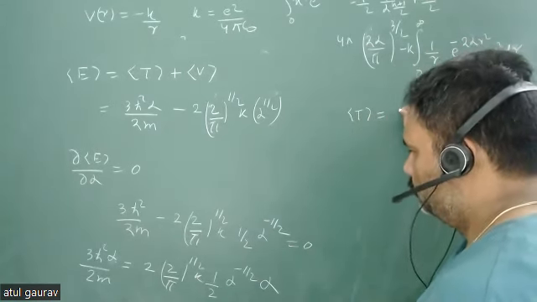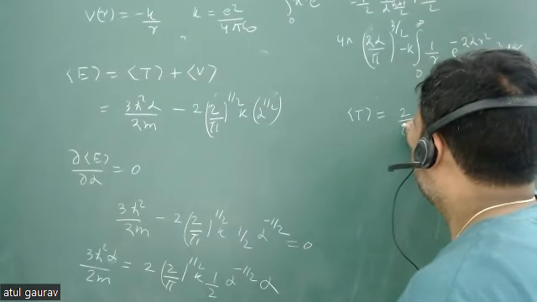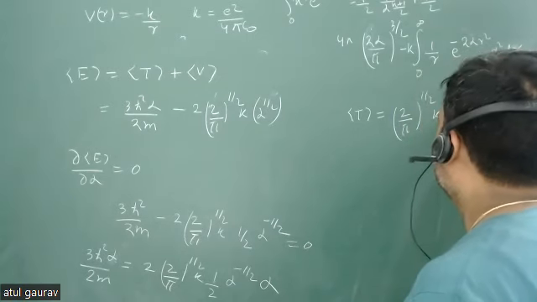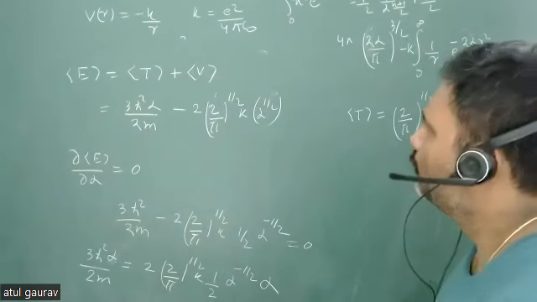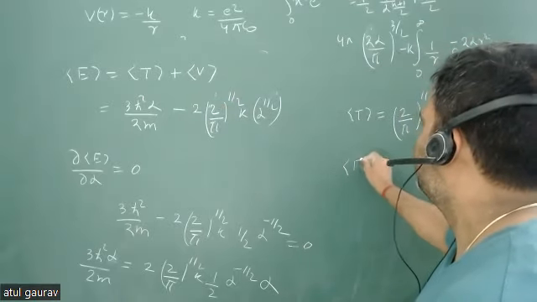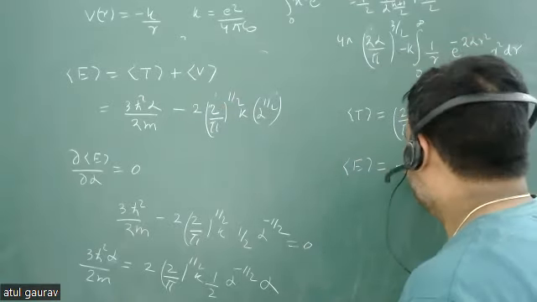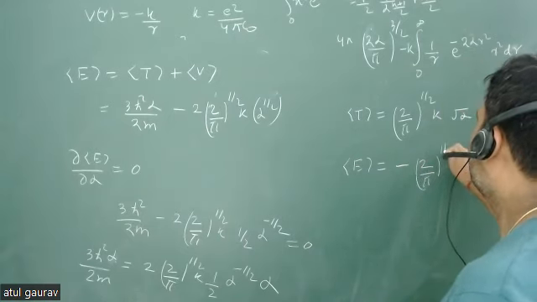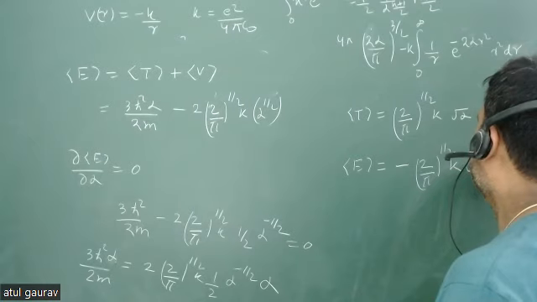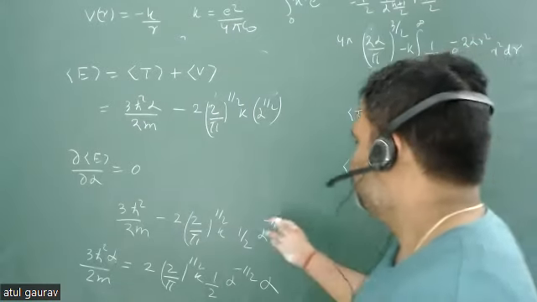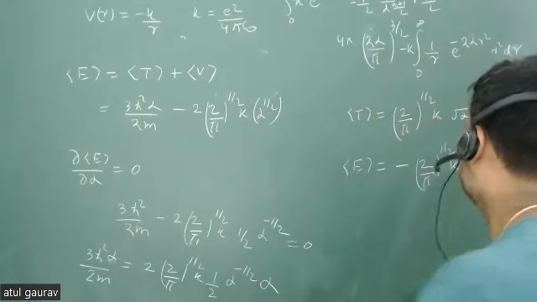K root alpha 2 by pi to the power half k root alpha, right? And when you put it here, the average value of energy is equal to minus 2 upon pi to the power half k root alpha. Is it right? And now we have to find the value of root alpha from here.